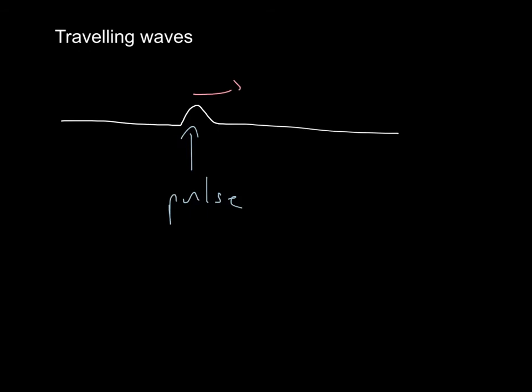So if my twist was here, then this thing will travel this way. And even though there is movement, because of course this thing is moving up and down, overall there is no general movement of matter. All that's being transferred this way is energy and momentum. So a wave is really a perturbation in the medium that transfers energy and momentum, but not mass.